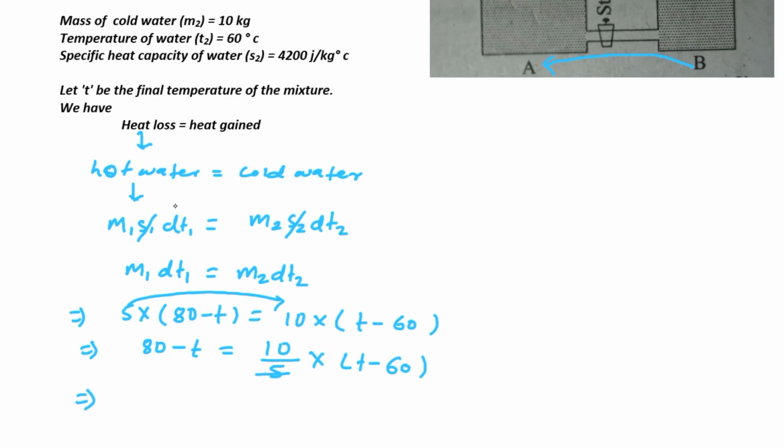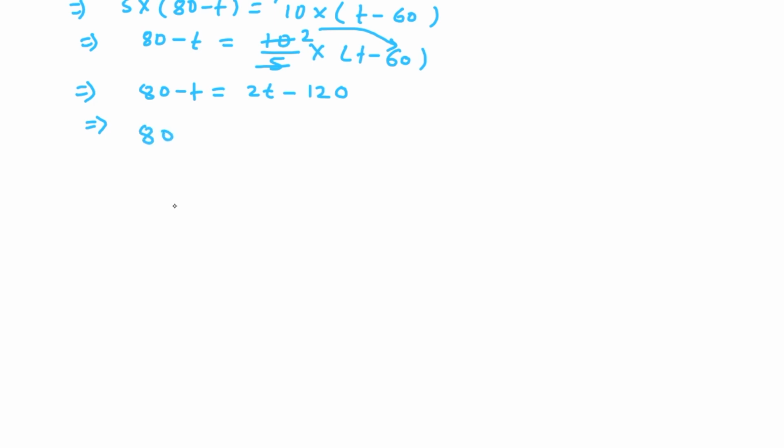Here 5 to the 10, so it becomes 80 minus T equal to 2 into T minus 60, which is 2T minus 120.